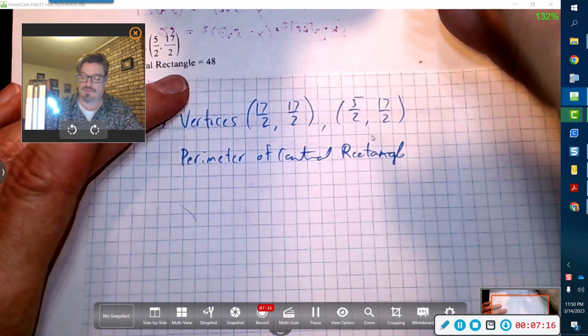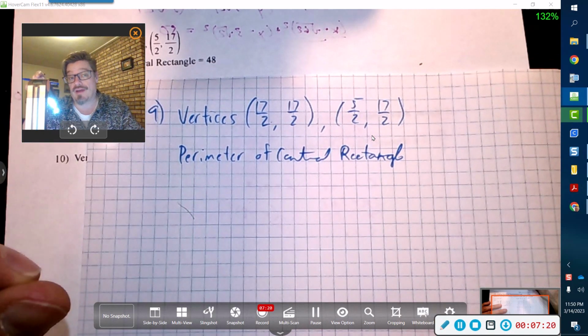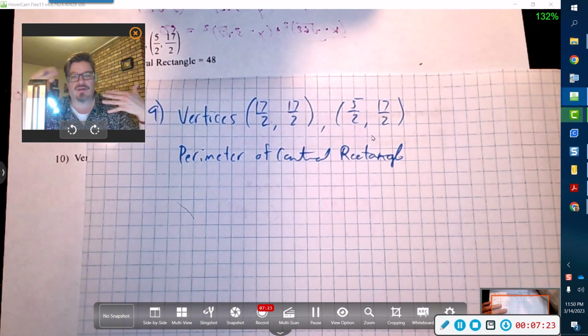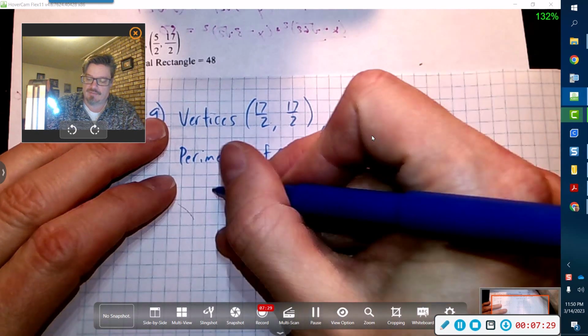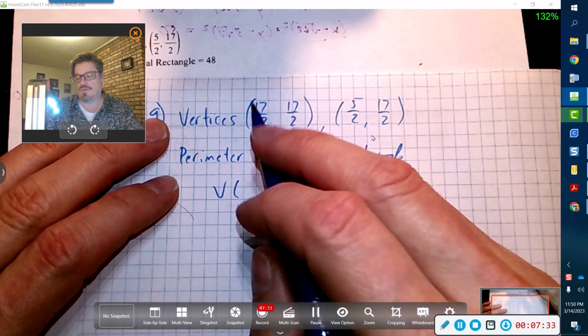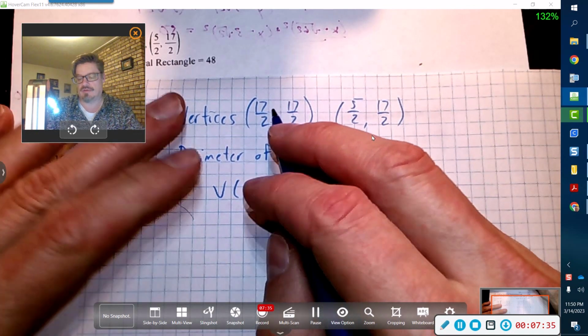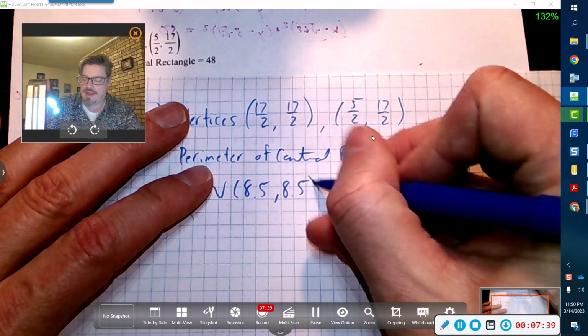But I do know that these vertices, I don't like seeing those as fractions because if I'm going to graph them, I want a decimal, like 17/2. I'm going to convert it in my brain to a decimal anyway. So 18 would be 9, so 17 would be 8.5. So 8.5, 8.5.